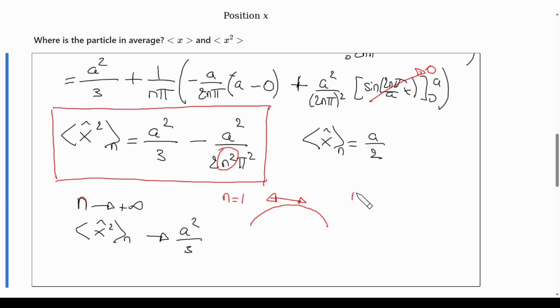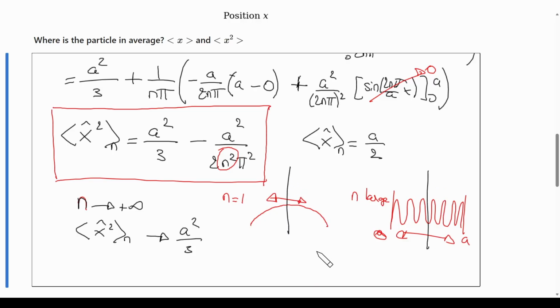But when n is large, we will have something that is very oscillatory, and the probability to find the particle across the whole interval from 0 to a will be more spread out. But still the average will be in the middle.